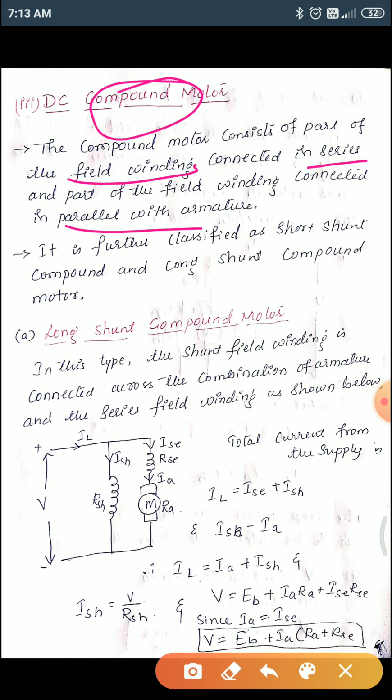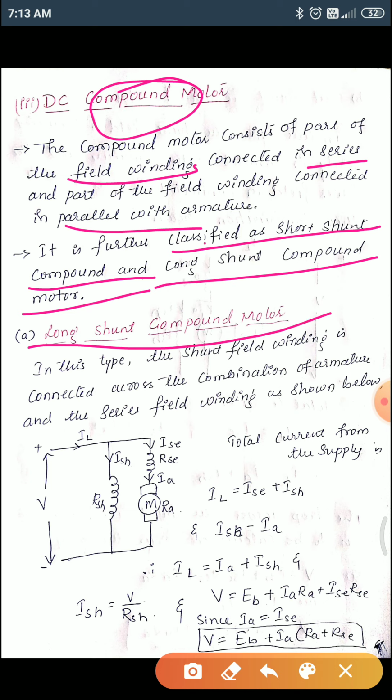A part of the field winding is connected in series, and a part of the field winding is connected in parallel. So let's see how much of the field winding is connected in series and how much is connected in parallel. Based on this, we have the short shunt compound motor and the long shunt compound motor.